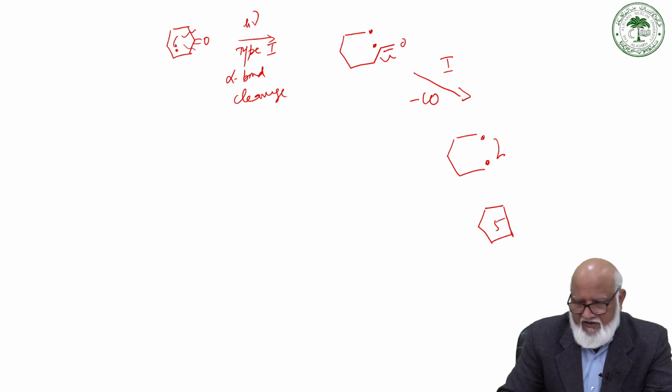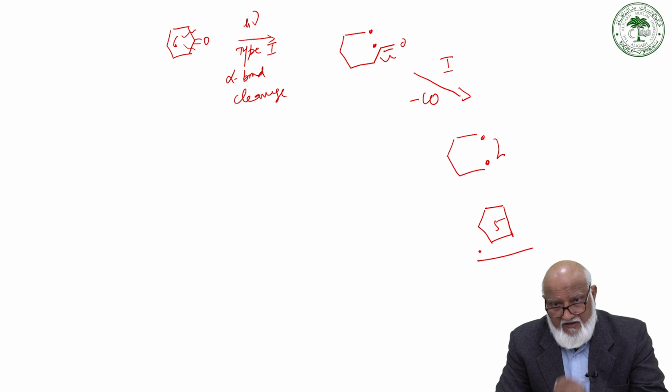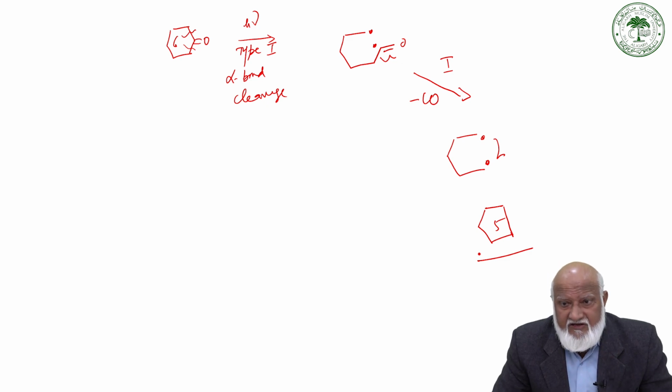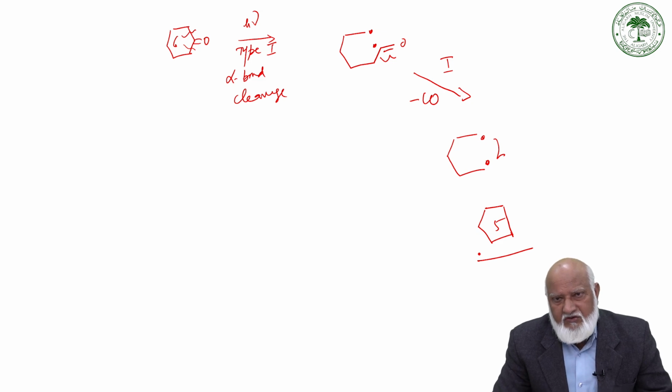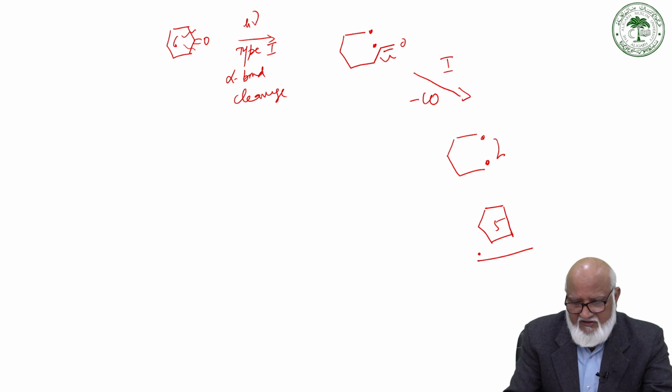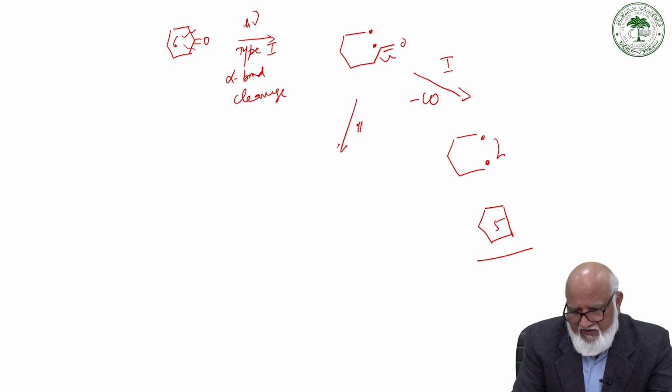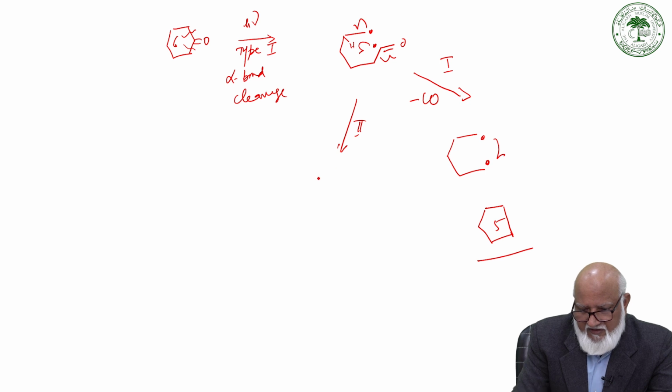A 6-membered ring is going to end up with a cyclic carbocyclic system with the exclusion of carbonyl, one carbon CO exclusion, to give a cyclic system. Another path which is open here is the abstraction of a hydrogen atom by this acyl radical. Then this becomes an aldehyde and then this will become an ene.